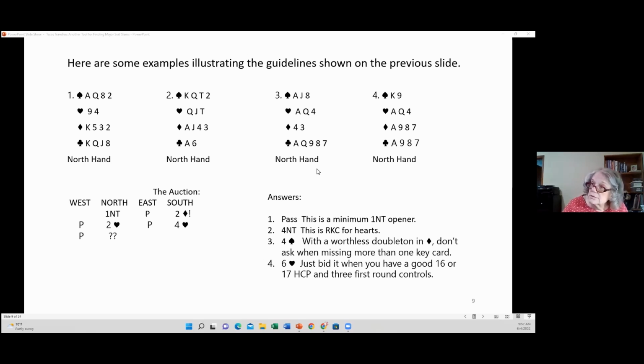It would be hard. It's possible, but in general, when you have a worthless doubleton, you don't use Blackwood unless your partner opened in such a way that you know he has to have something in the suit. And this takes a fair amount of experience, to tell you the truth. Opposite this hand, if my partner showed me a slam invitational hand, I would never pursue the grand, because my hand just isn't good enough.